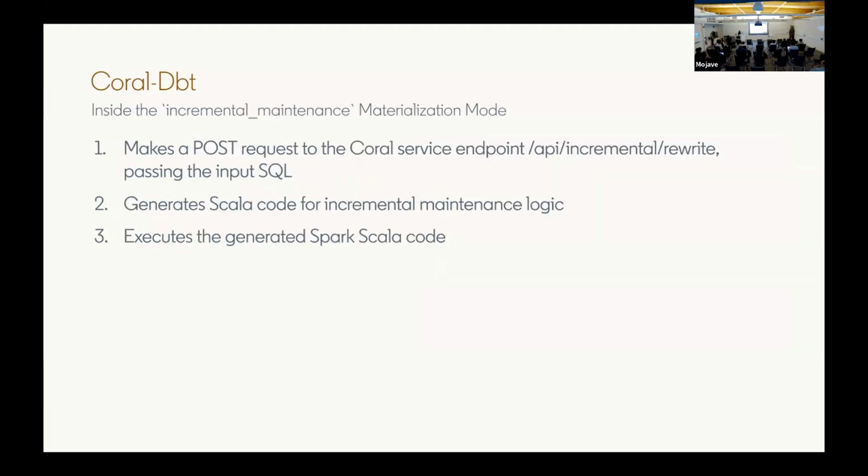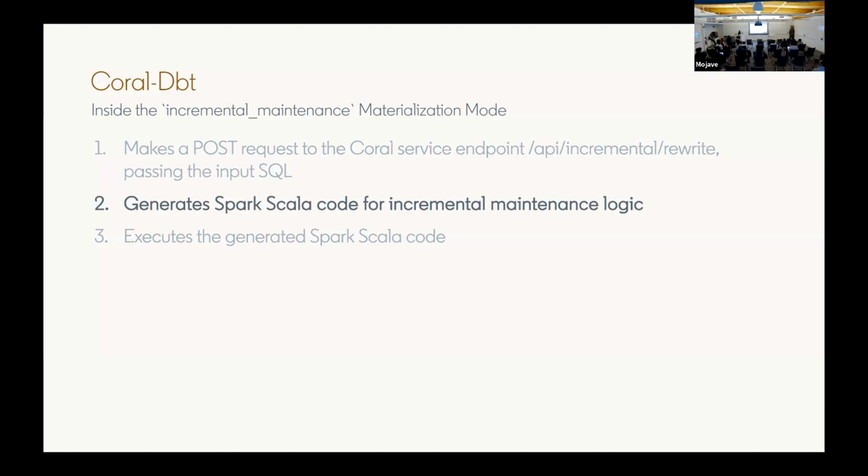And that is where Coral DBT comes in. Coral DBT is another component of Coral, which will set up a materialization mode where, given an input DBT script, it will generate the most optimal rewrite plan, and then it will also generate the Spark Scala code around it so that your engine adapter can execute that entire script and update your materialized view.